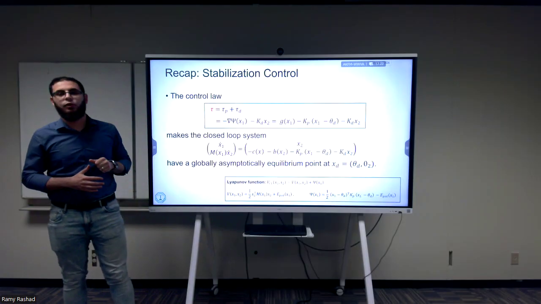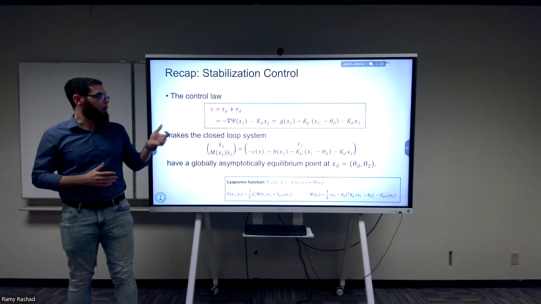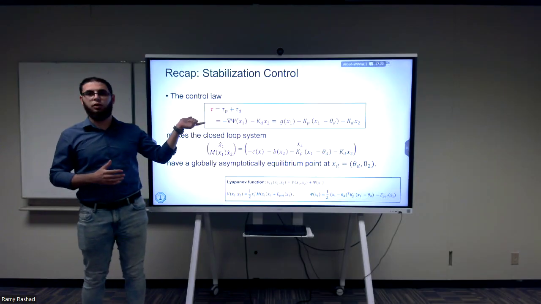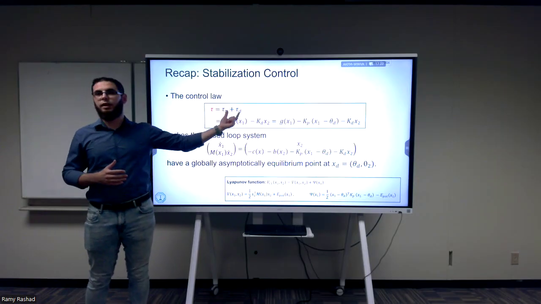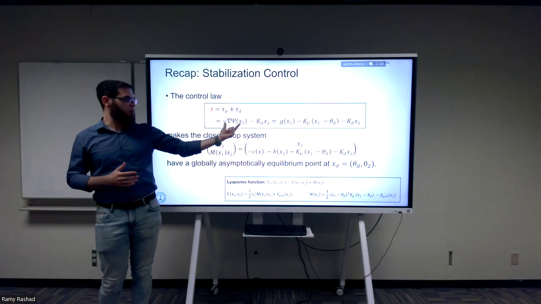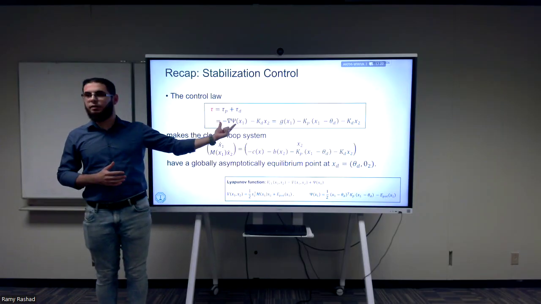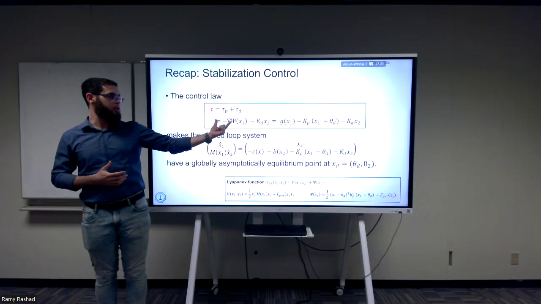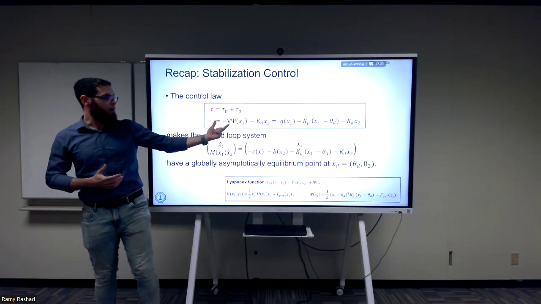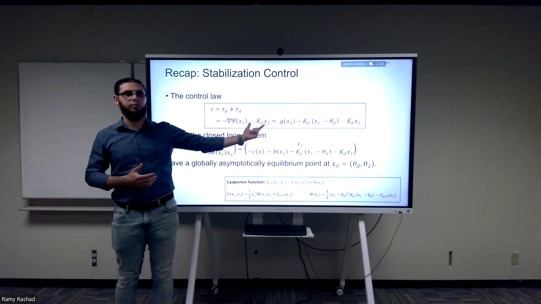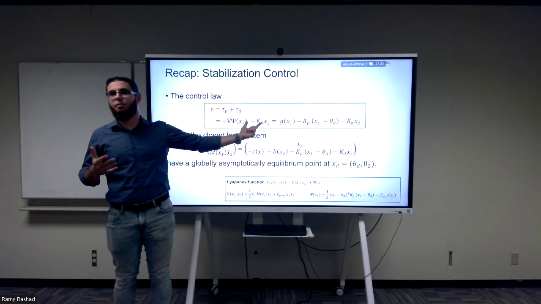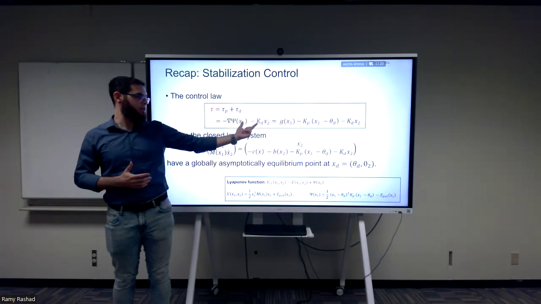This is the summary of what we discussed last week, where we derived this control law based on a proportional term and a derivative term. The proportional term was given by the gradient of some potential function that we chose, psi of x1, and we have this derivative term just for injecting damping of the system, making sure we have asymptotic stability.